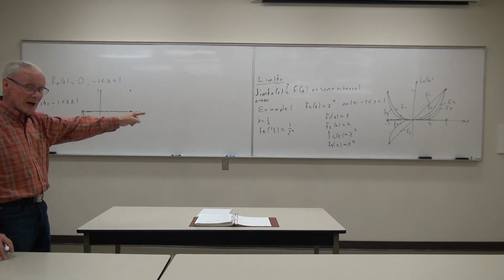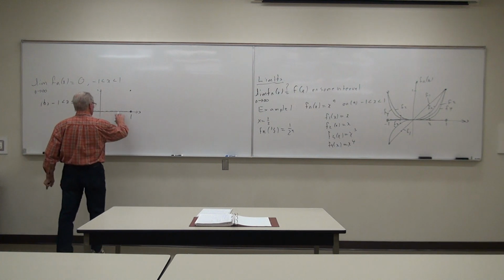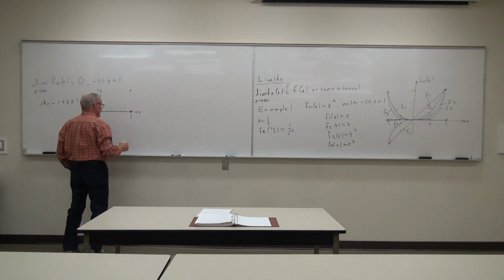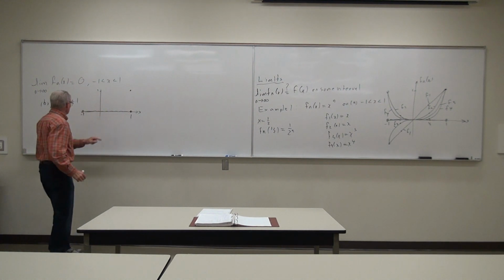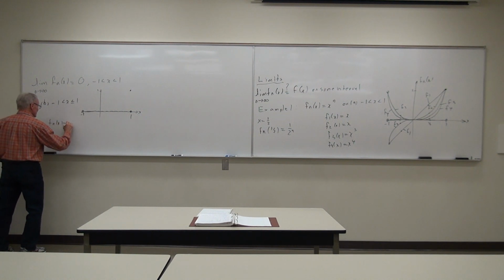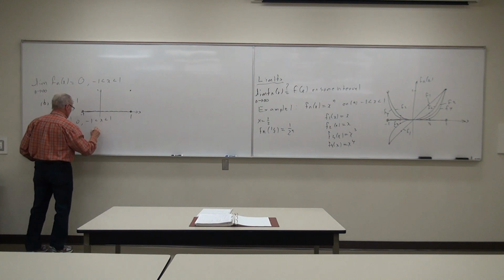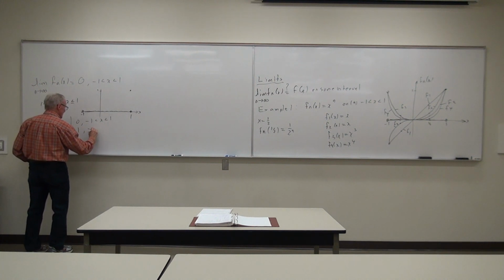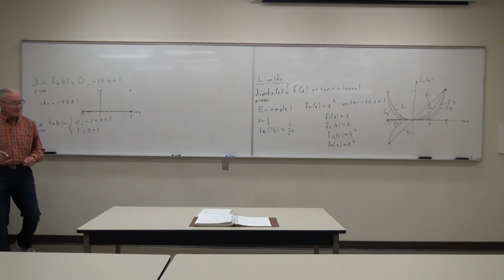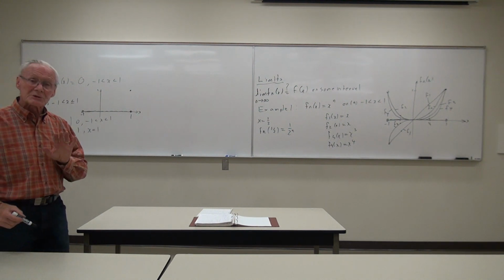It was simply the x-axis, the 0 function. Now it's 0 everywhere along here, but a dot there instead of a hole. So the limit exists. This time, the limit as n goes to infinity of f_n of x is equal to 0 for minus 1 less than x less than 1, and it is 1 at x equal to 1. So the limit still exists. We don't have to have a continuous function.